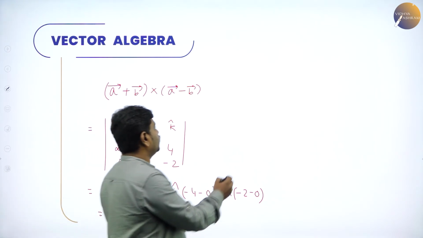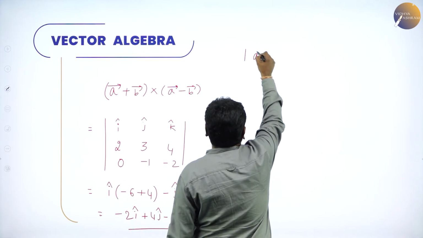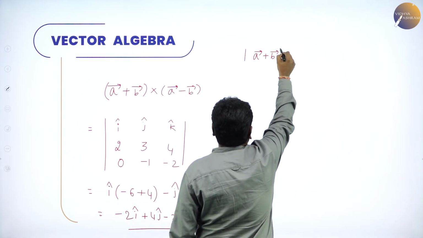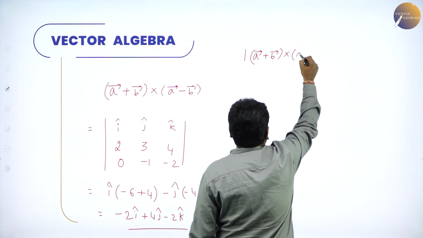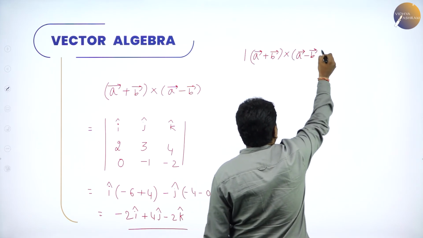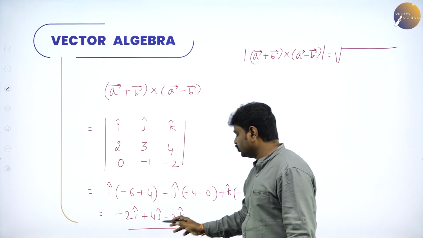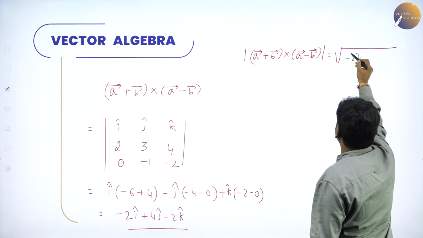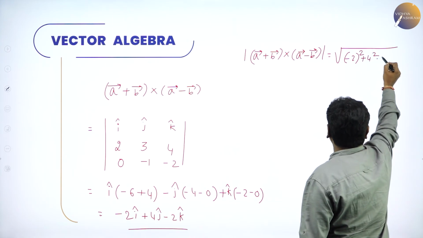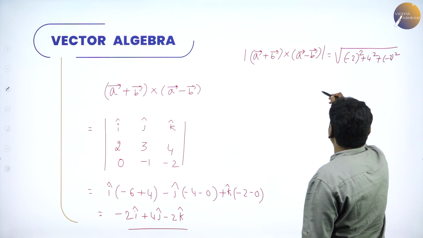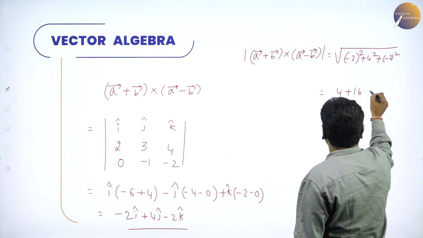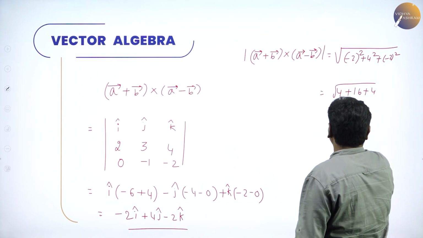Now you find the magnitude. Magnitude of the vector A plus B cross A minus B. Magnitude of any vector is what? Square root of the sum of squares of the coefficients of this vector. What are the coefficients? Minus 2, 4, minus 2. Minus 2 square plus 4 square plus minus 2 square. So now that is 4 plus 16 plus 4. That is root 24.